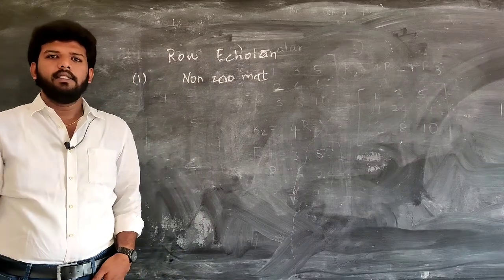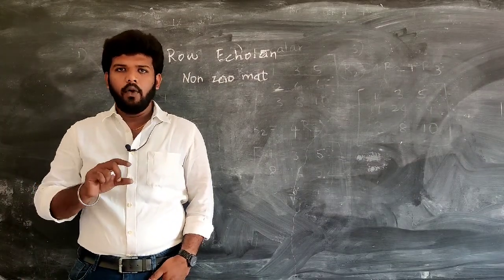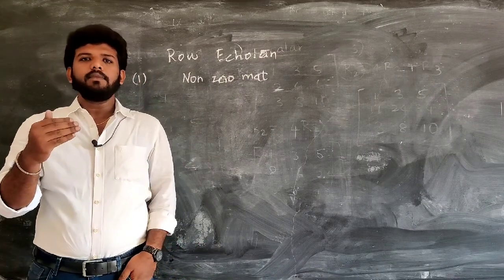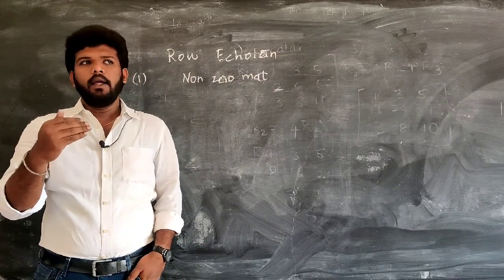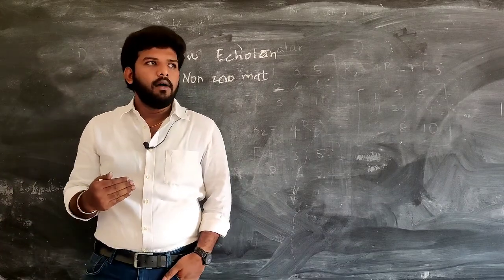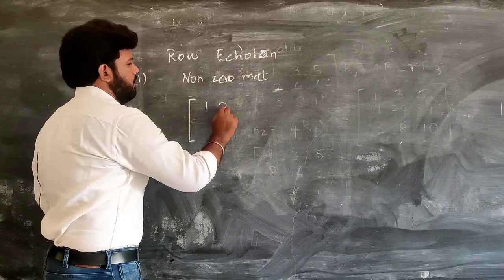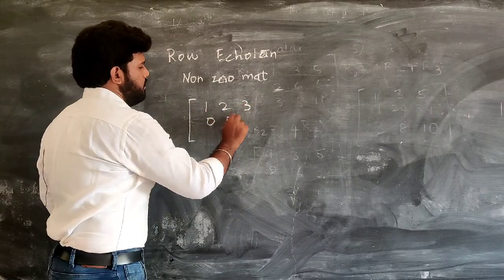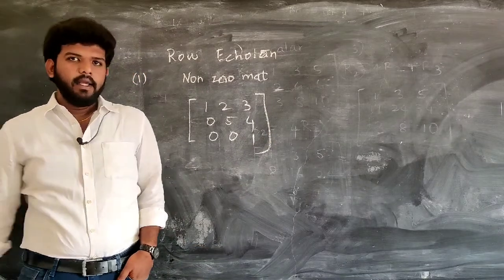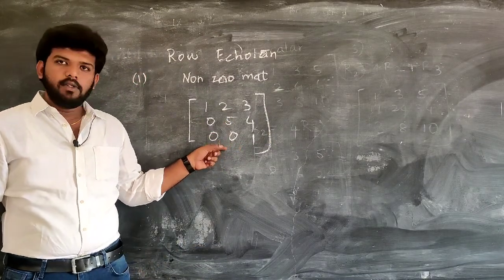The second condition is that the zeros must be in decreasing order. Let's take this matrix and look at the last row.